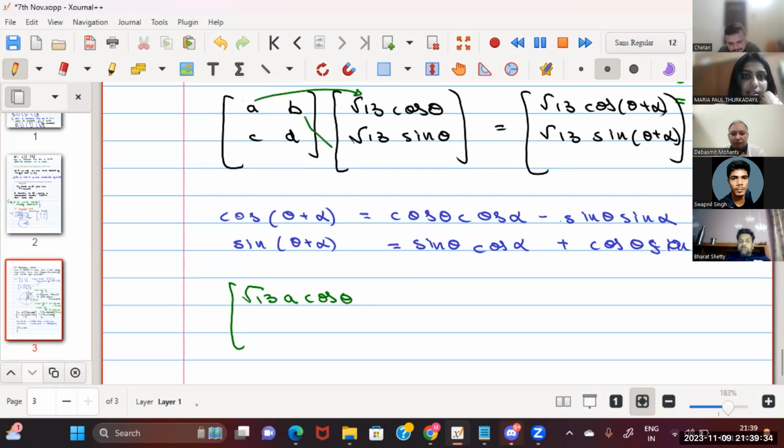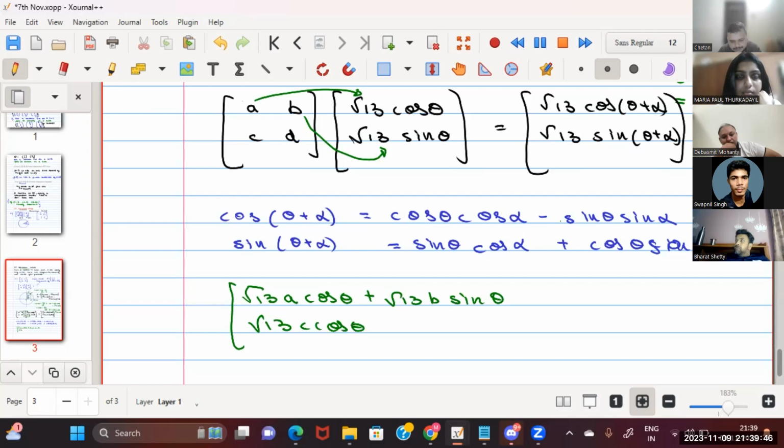This multiplied with this and this multiplied with this, and you add root 13 B sine theta, and root 13 C cos theta, D sine theta.